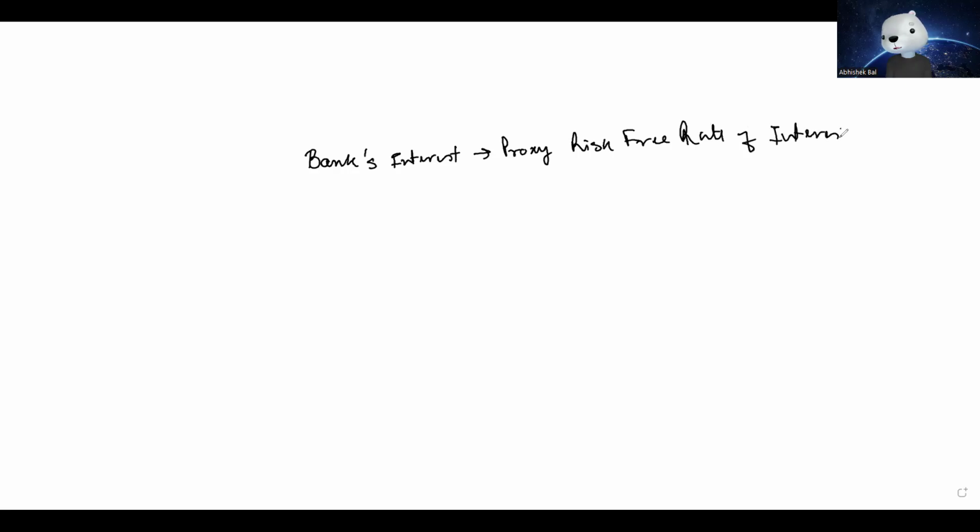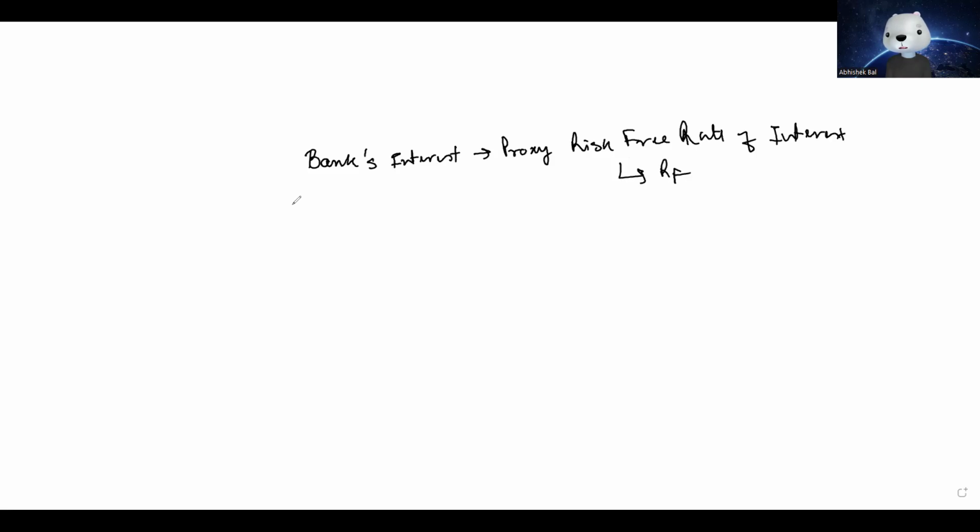So just to rehash the point: when we talk about a given bank and the interest rate the bank provides, practically speaking, we term that a proxy for the risk-free rate of interest in a given country. Sometimes this is also talked about as the treasury rates.